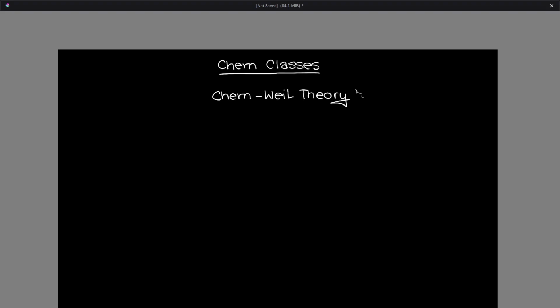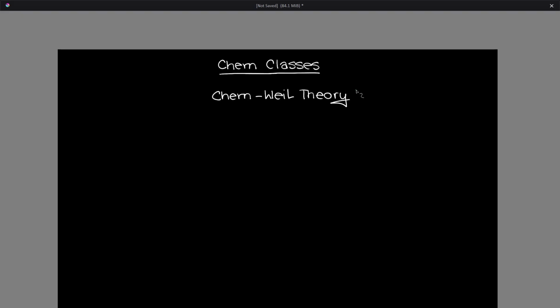I invite you to read up on it in Chern, Chen, and Lam, and in other sources as well if you want to look it up. We're just going to talk about the summary of what the theory tells us, and then move on to defining the Chern classes so that we can use them later on when we're talking about Kähler manifolds and Calabi-Yau manifolds.